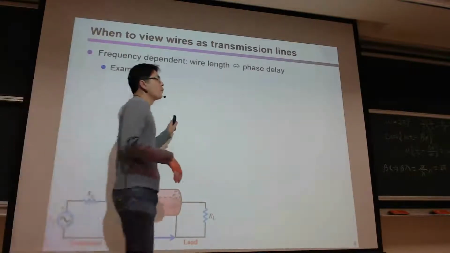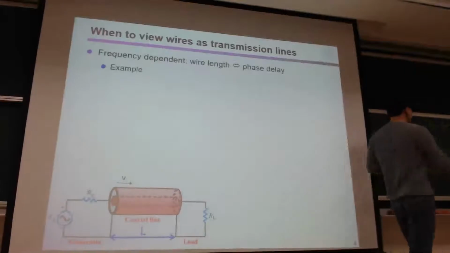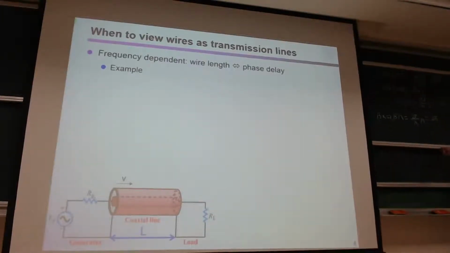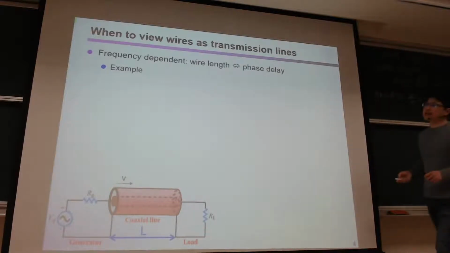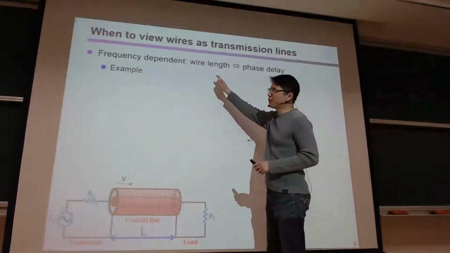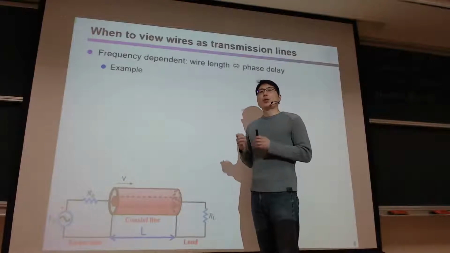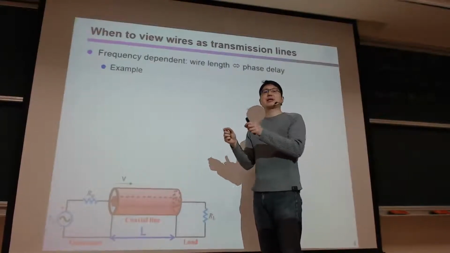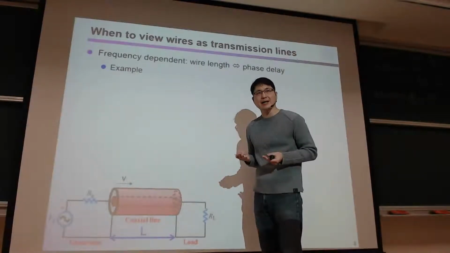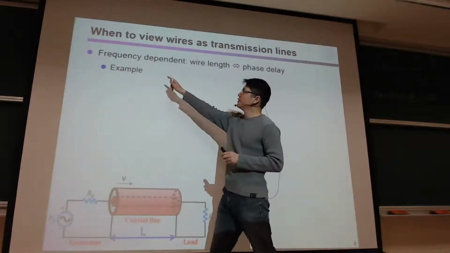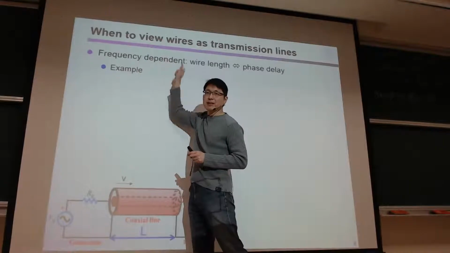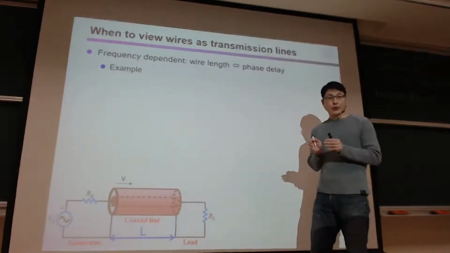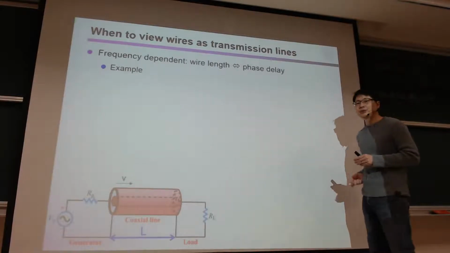So I want to make clear, as I mentioned in my part, whether to treat two metallic conductors as transmission line or not is really frequency dependent. It's solely frequency dependent, as I will show you later.